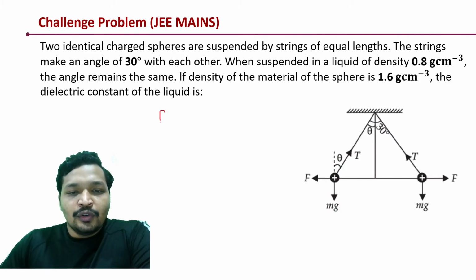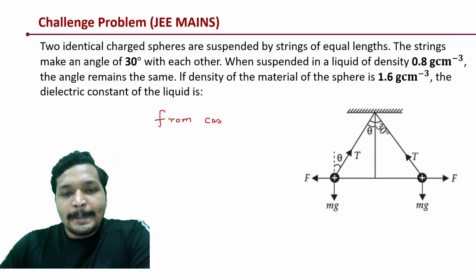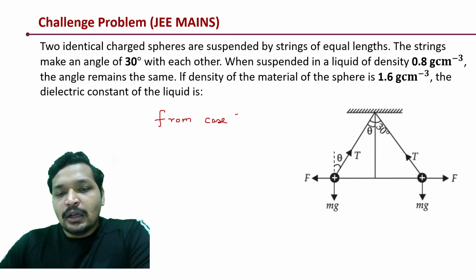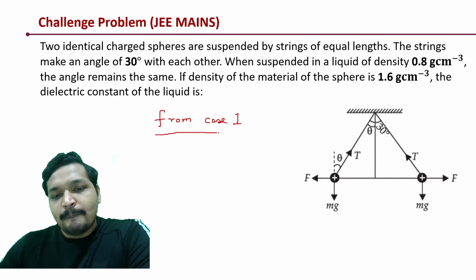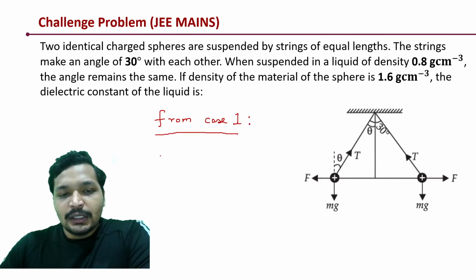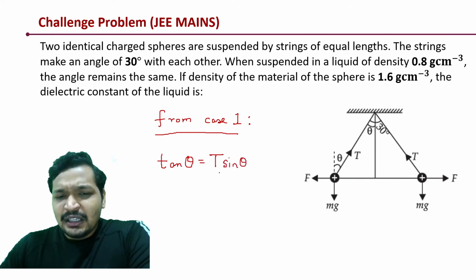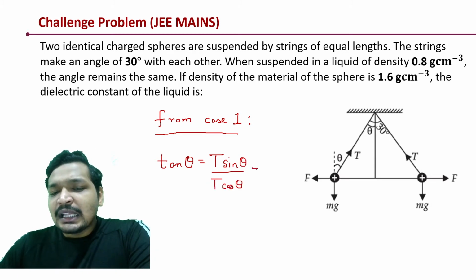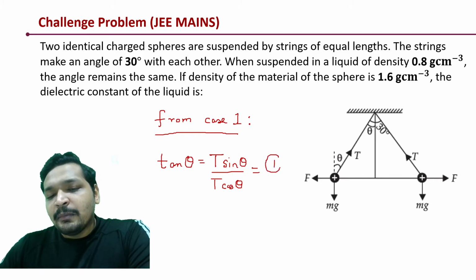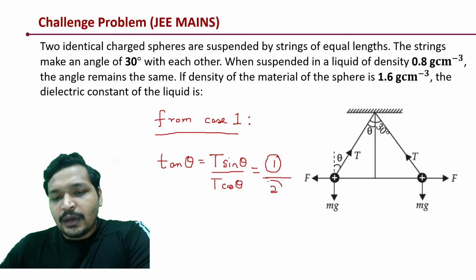Okay, so from case 1 we know tan of theta is equal to tension into sine of theta divided by tension into cos of theta, which is nothing but 1 divided by 2, isn't it? It's nothing but 1 divided by 2.